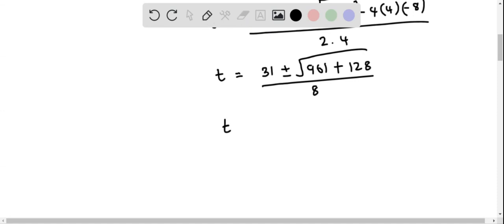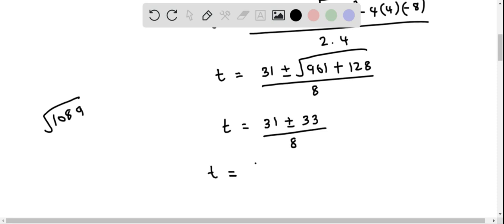So we will simplify this. This equals 31 plus or minus the square root of 961 plus 128, which is 1089, and the square root of 1089 is 33. So I put 33 over here, divided by 8. We will now have two solutions for t: 31 plus 33 over 8, and 31 minus 33 over 8.